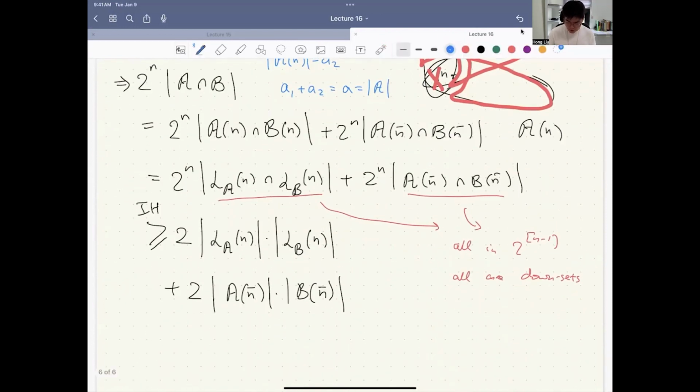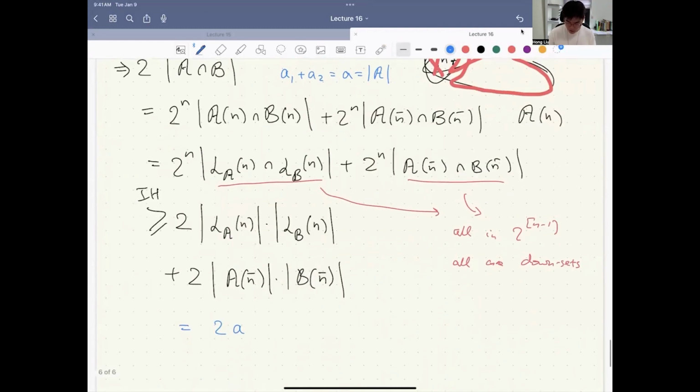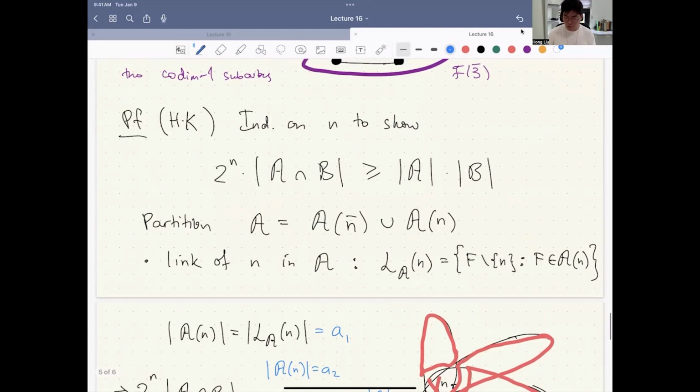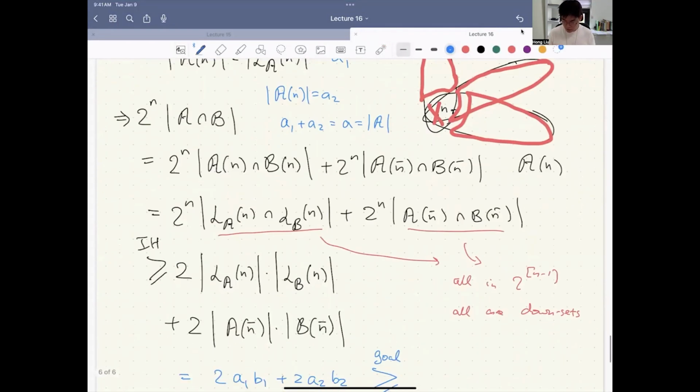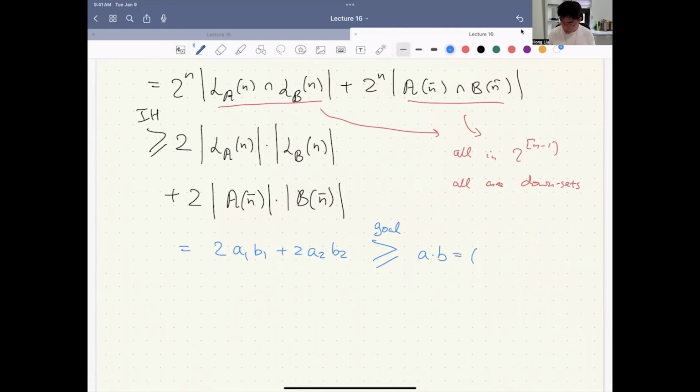So in this language, we want to compare 2 times A1 B1 plus 2 times A2 B2. What we want to prove is that this is bigger than A times B, which is (A1 plus A2) times (B1 plus B2). Okay, let's expand the right-hand side: A1 B1 plus A1 B2 plus A2 B1 plus A2 B2.